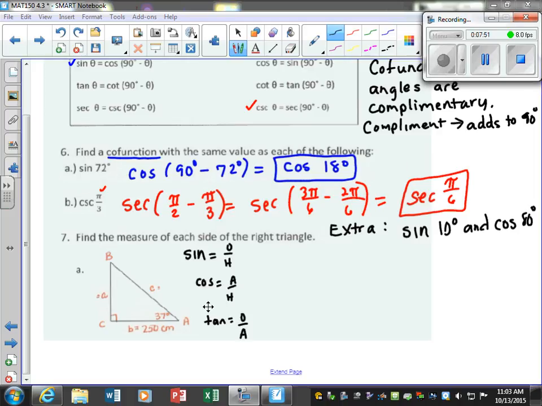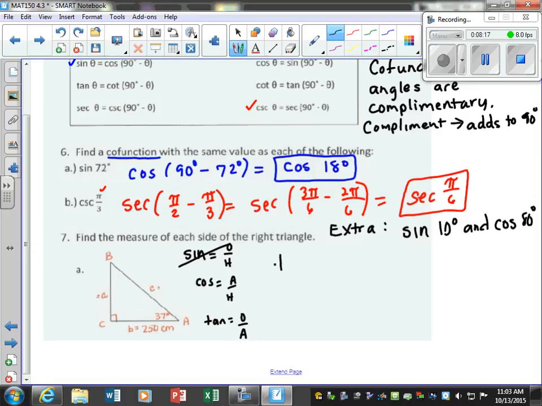Okay, so when I jot these definitions down, I consider 37 degrees. What's opposite over hypotenuse? Opposite over hypotenuse is 2 unknown values. That will not help me. Let's check cosine. Adjacent, that's good, over hypotenuse, so I can use that one. Or I can use the tangent, which is opposite over adjacent. So I can use either of the other two.